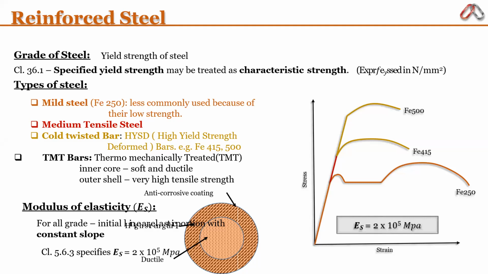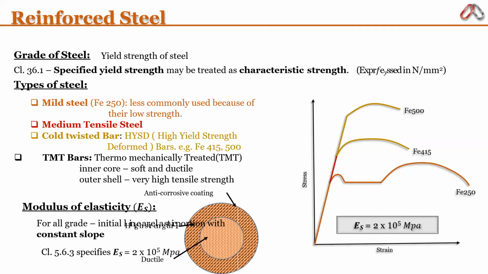And the value of Es, that is nothing but the modulus of elasticity of steel, is 2 into 10 raised to power 5 megapascal. If this value is not given in the question, you have to take this value for the modulus of elasticity of steel.